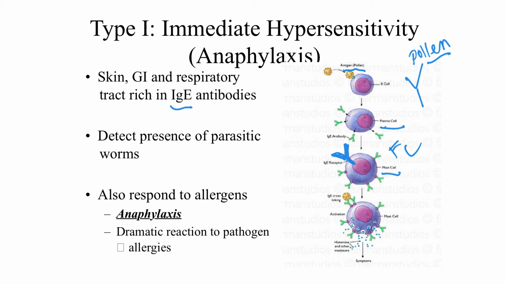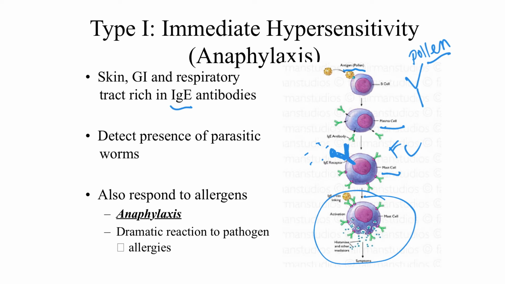So when there's a secondary exposure to pollen, and the pollen binds to the Fab portion of this antibody, we get degranulation of this mast cell. Degranulation means that it removes its granules, and in this case, its granules are filled with histamine.